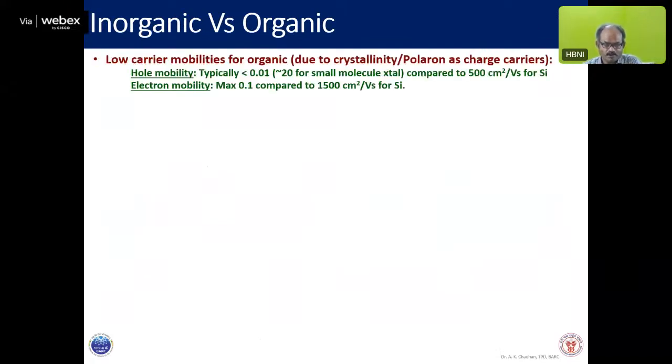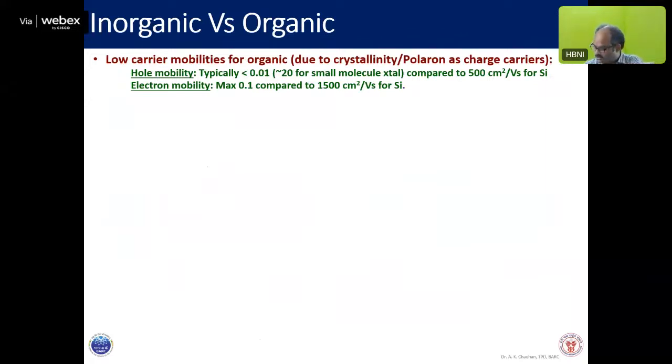There are some other problems. There are low carrier mobilities for organics because crystallinity is not there. As I already said, once an electron moves into the conduction band in inorganic, it is ballistic throughout the crystal. But in organic semiconductors, between two small chunks, it has to hop through.